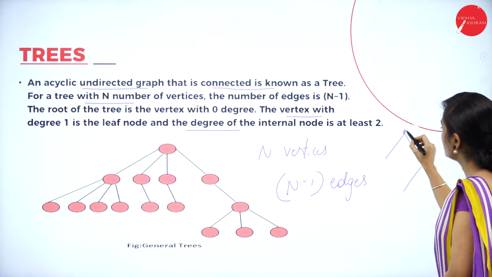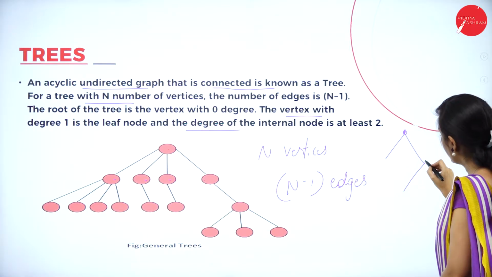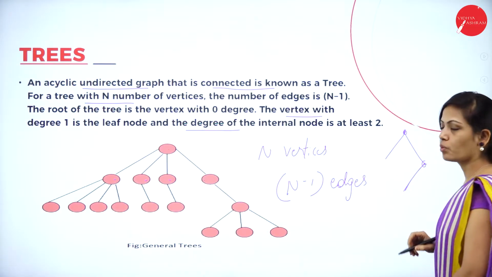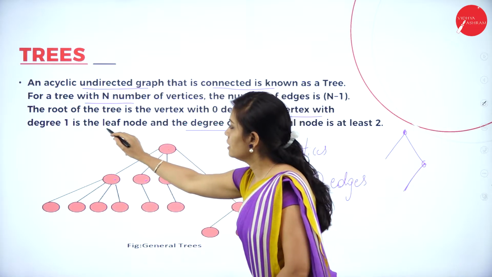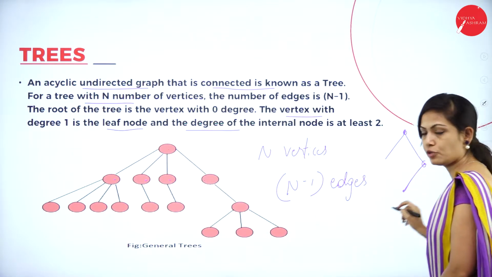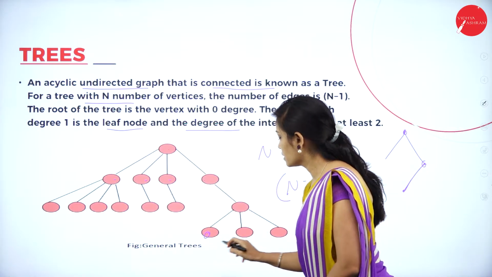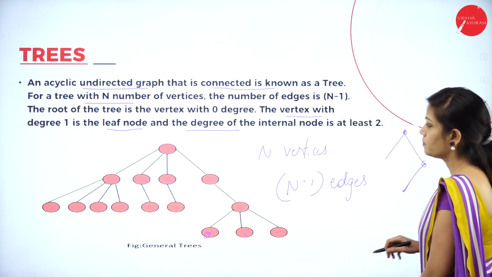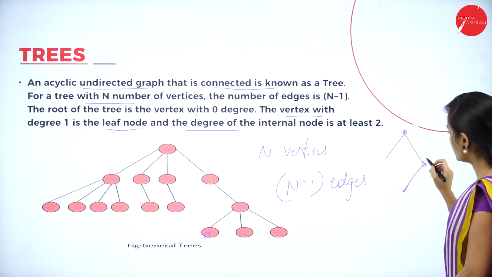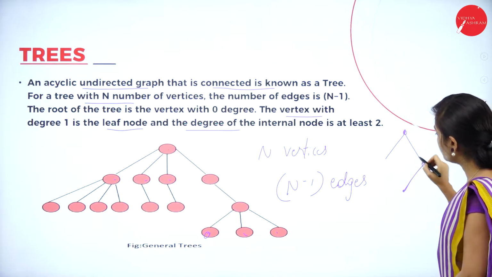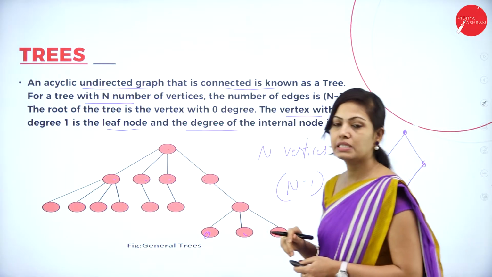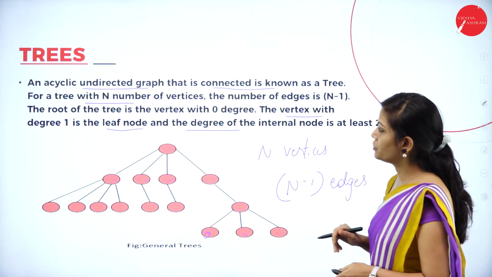So here, a vertex with 1 degree is the leaf node. You can consider this as a leaf node. The degree of this internal node is at least 2. Clear? So this is the basic information about the tree.